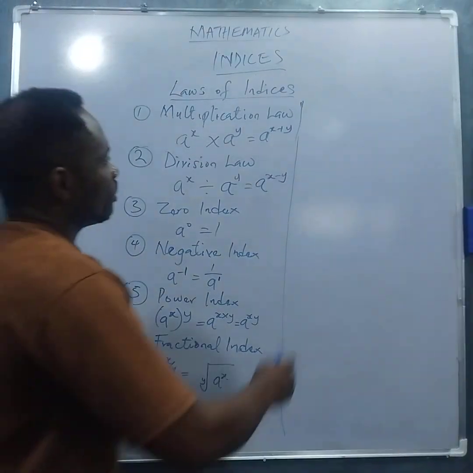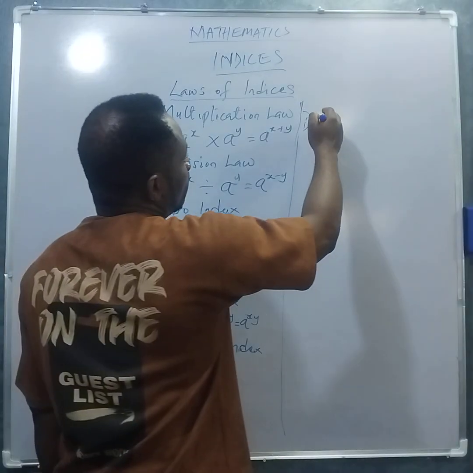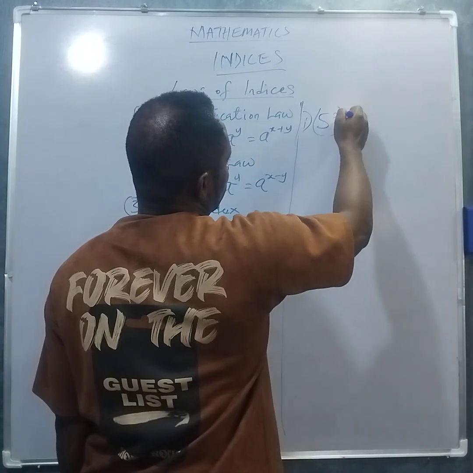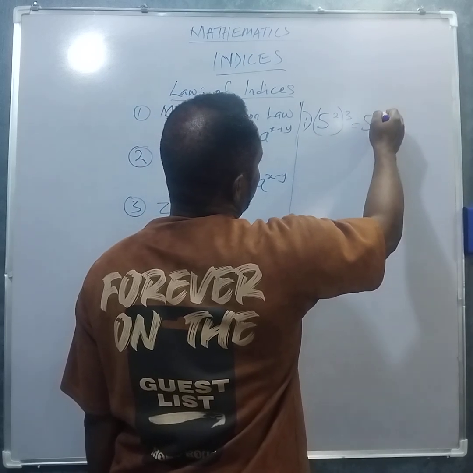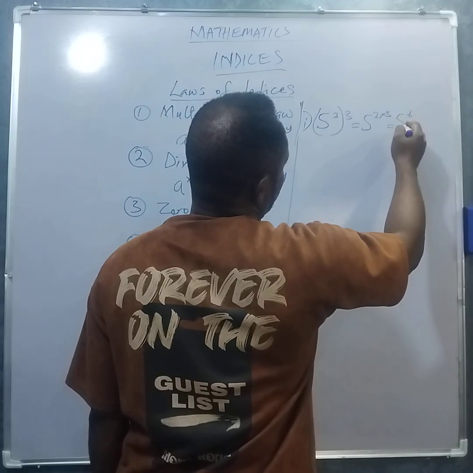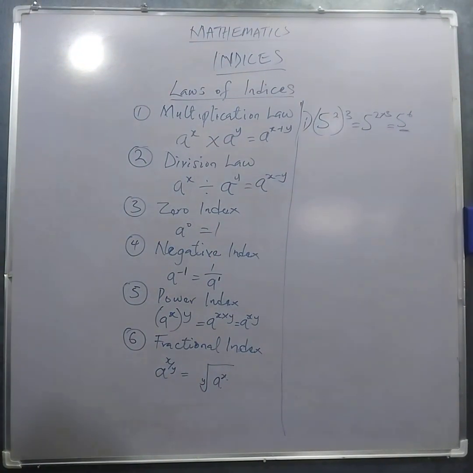Okay, let's look at power index. In power index, you have 5 raised to power 2, all in bracket raised to power 3, which is equal to 5 raised to power 2 times 3, which is equal to 5 raised to power 6. You can also multiply out.